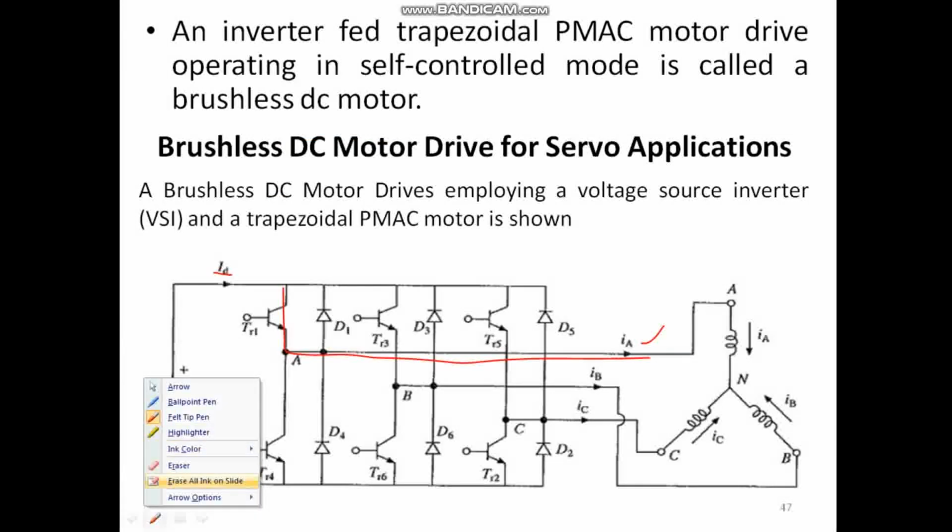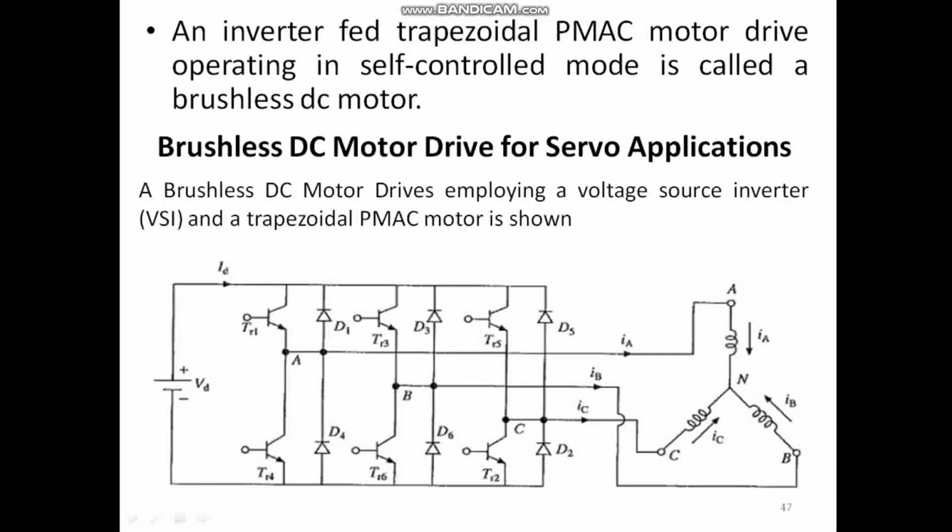Here it is said, during period 0 to 60, ID flows this way, comes this way, takes this phase. So I have written IA is equal to ID, and IB is equal to minus ID.